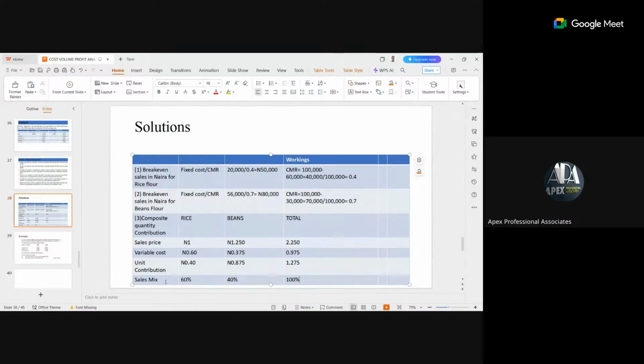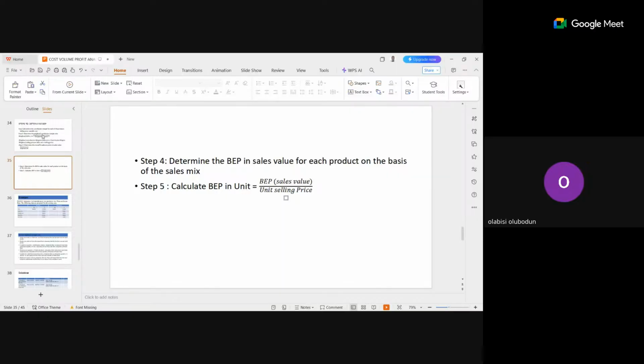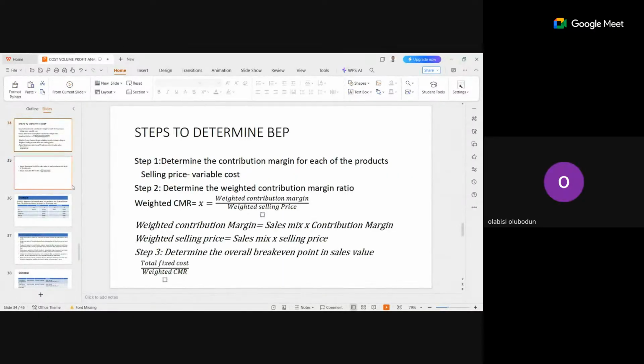Now, based on the formula I presented earlier, to determine contribution margin, it will be what? If you followed very well. To determine contribution margin, it is weighted contribution margin over weighted selling price.